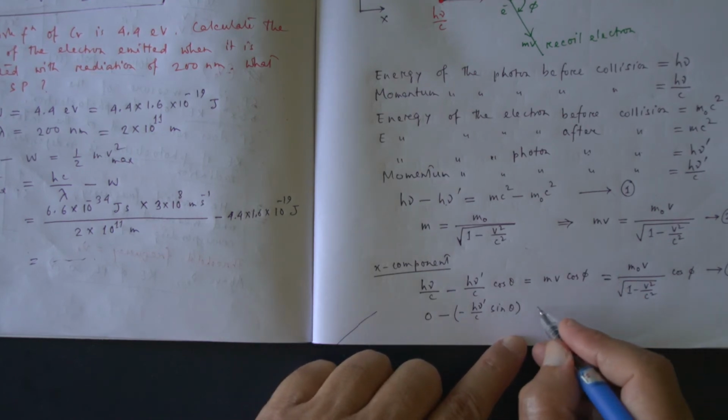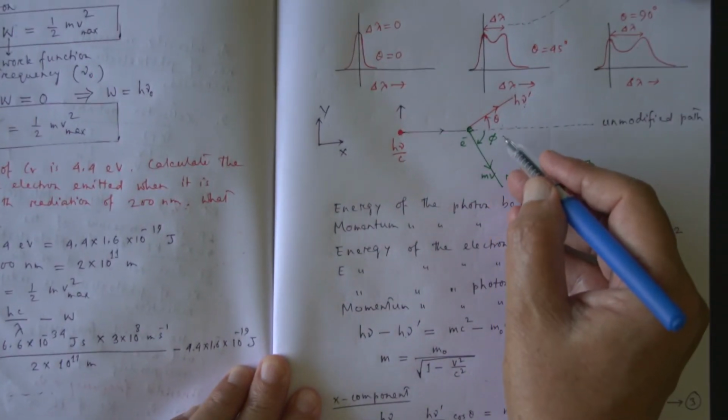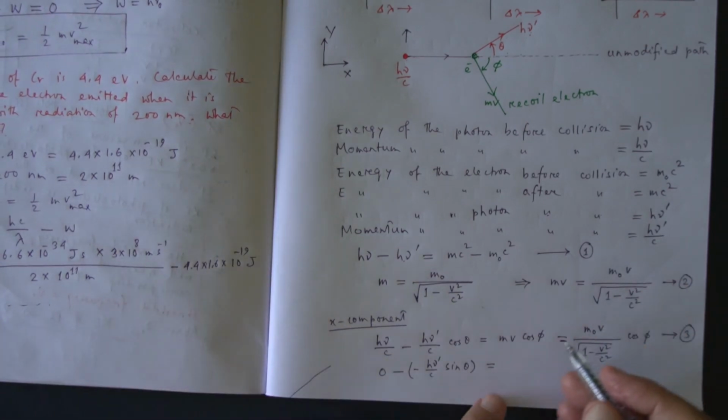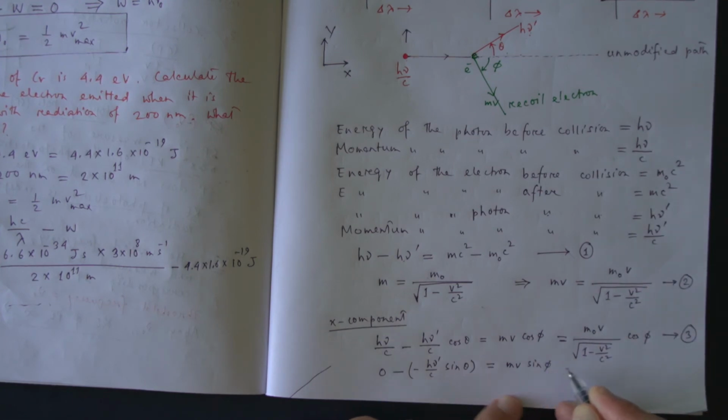equal to, again, mv sine phi, and this is equal to m naught v by root over 1 minus v square by c square, sine phi.